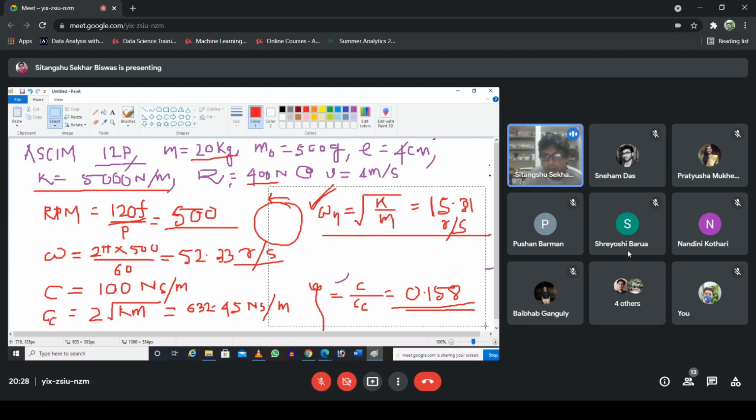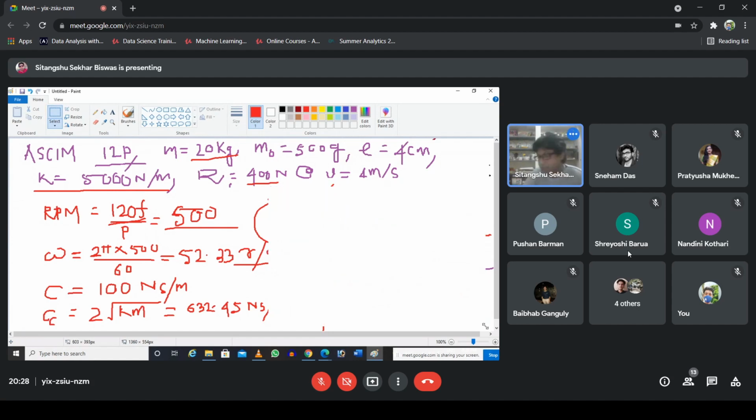Now what are the things we obtained? We obtained the damping factor or the damping ratio, and we got the resonance frequency. Then the remaining part we'll try to do. It's very simple. First we will try to find out the instantaneous amplitude of vibration.